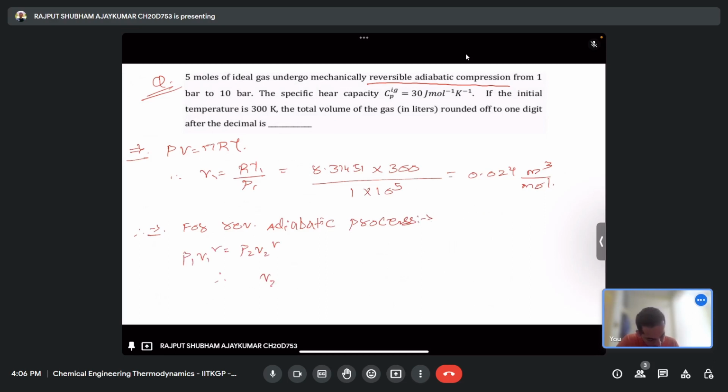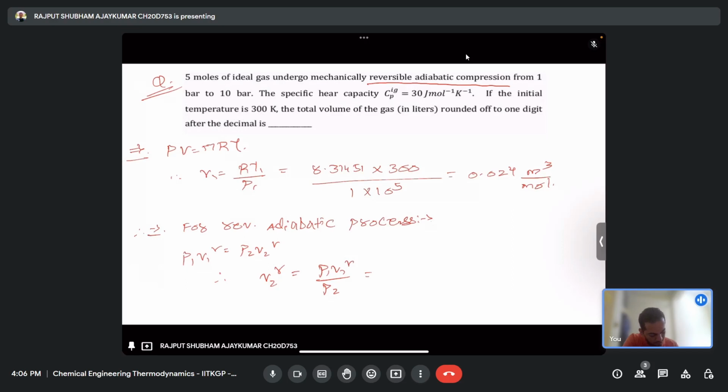Therefore, V2 raised to gamma equal to P1 V1 raised to gamma by P2. Now P1 is given to us, P2 is given to us. The specific heat at constant pressure is 30. If you solve this, you will be able to derive V2 from here.